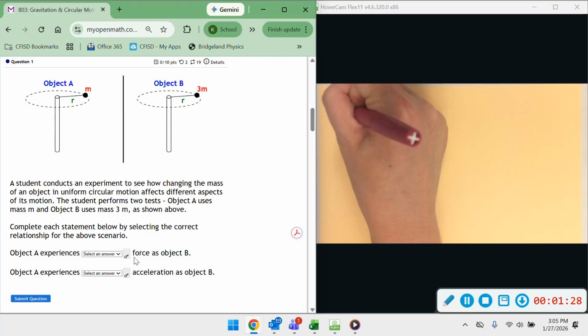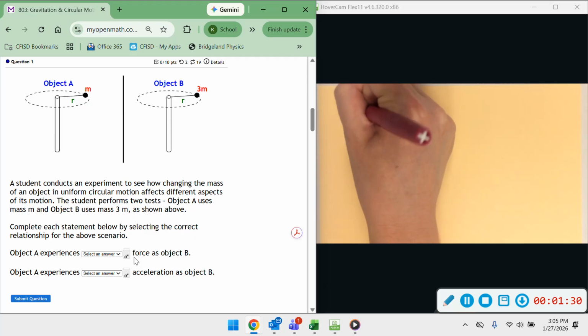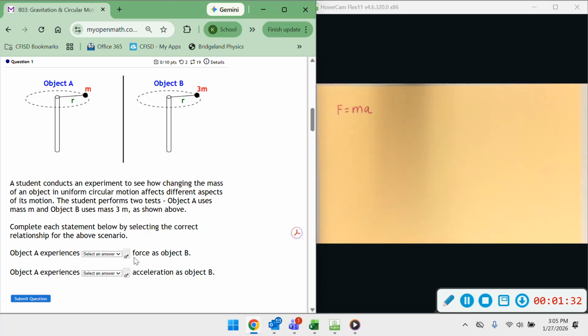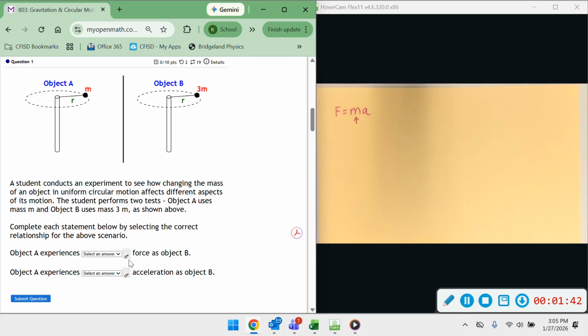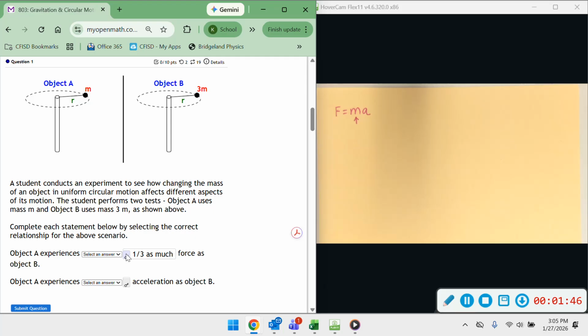So again, we have this equation, one that you should be pretty familiar with, F equals ma. And when we look at that equation, we can see that if we were to alter the amount of mass here, it should alter the amount of force as well.